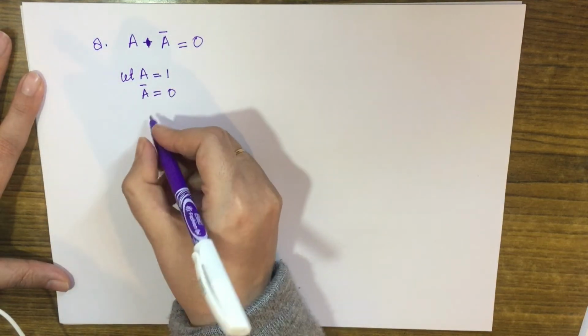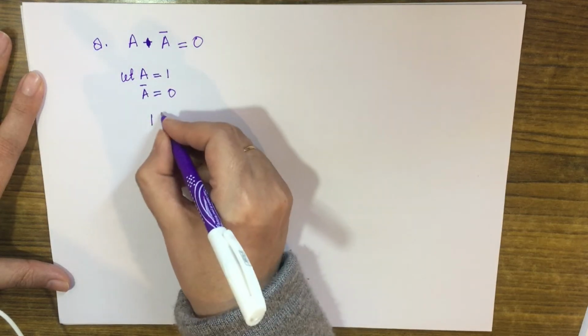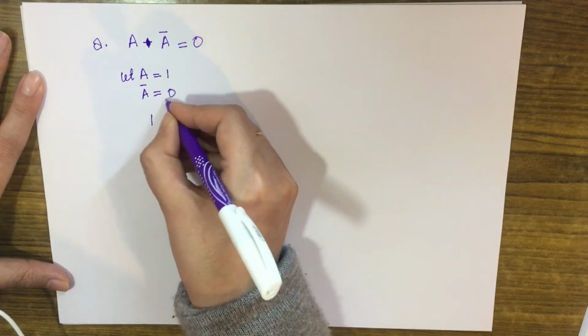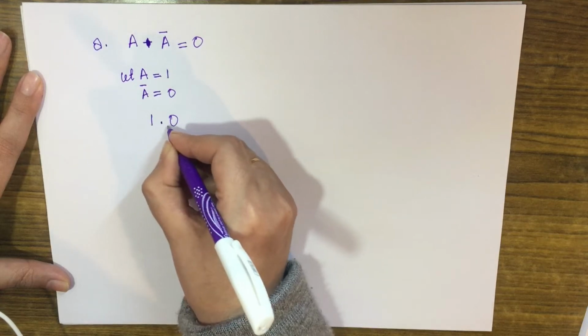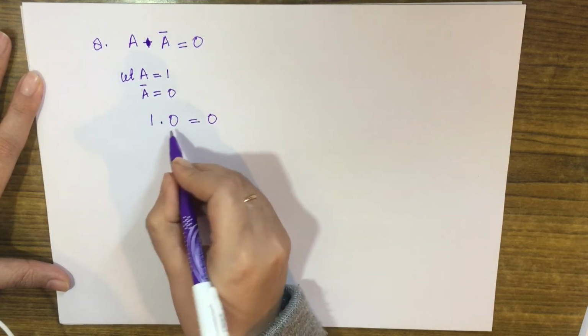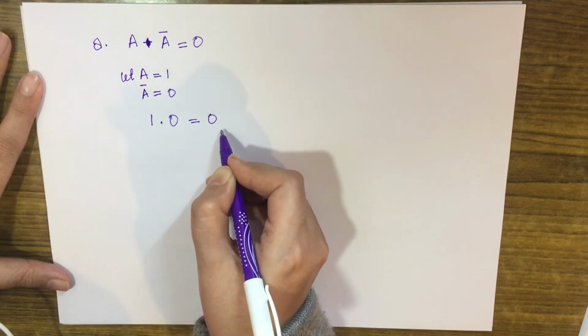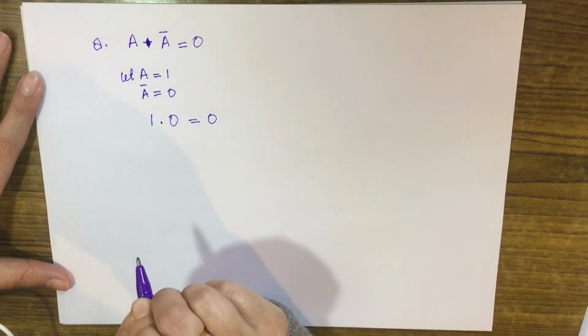So we put it here. That means a is 1 and a complement is 0. 1 and 0 is always equivalent to 0, because in AND we need both inputs to be high, then only the output will be high, otherwise it will be low.